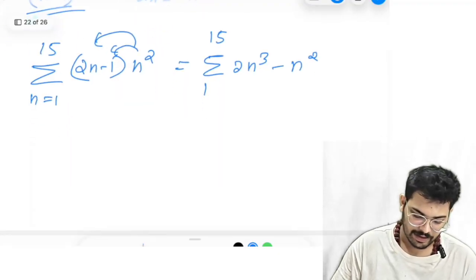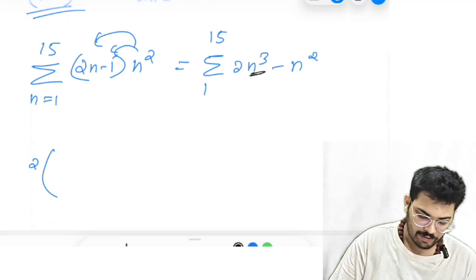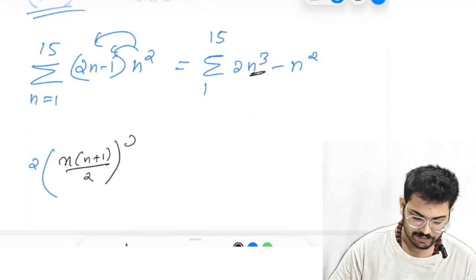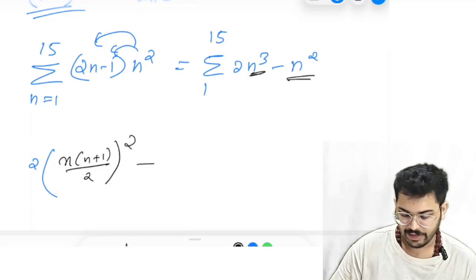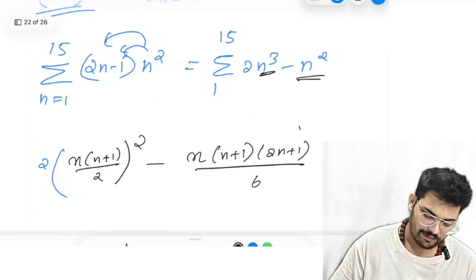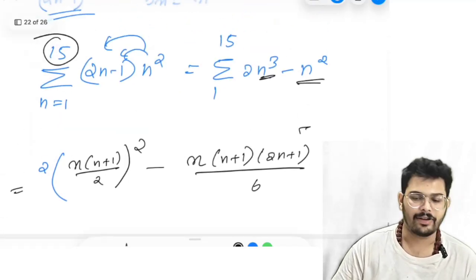Now we apply the sum of cubes of n natural numbers, which is n into n plus 1 divided by 2, the whole square, minus the sum of squares of n natural numbers, which is n into n plus 1 into 2n plus 1, the whole divided by 6. We apply 15 here because we need the first 15 numbers.